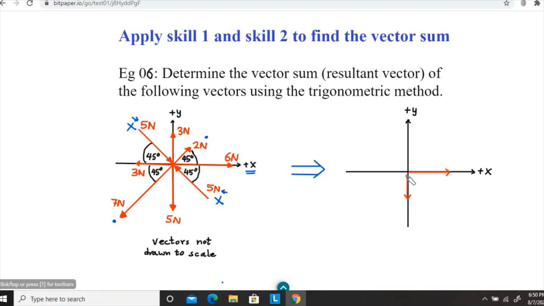So that's the 2 Newton vector. And then the 5 Newton cancels out, opposite vectors. There's a 2 Newton force in this direction and 7 Newtons over there, making a 45-degree angle with the horizontal. The net would be 5 Newtons making 45 degrees with the horizontal in this direction. So it's going to be like that.